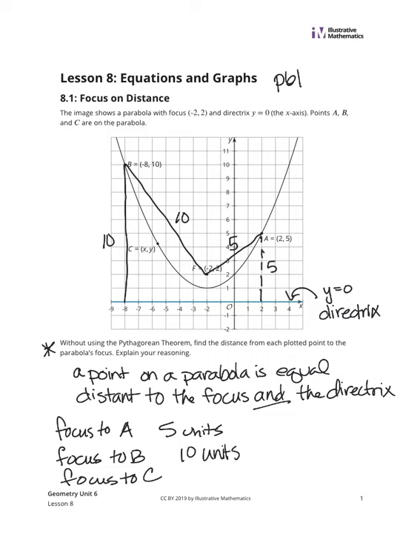And finally, C is y units above the directrix, because the distance above the x-axis is going to be my y value. So then I know it's y units from the focus, whatever that coordinate is. So let's take a look at the next page.